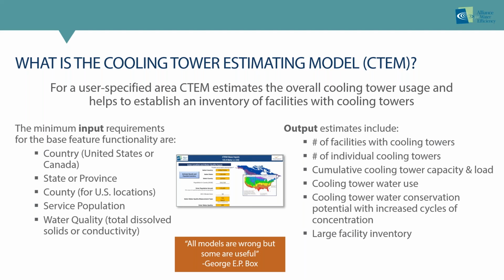So as you add your own data in and verify where there are and aren't cooling towers, you can continuously update the estimates for water savings through your efforts. So this is a really fantastic tool and a great place to start. And Sam will show you a little bit later about how they've been using it in Orange County.